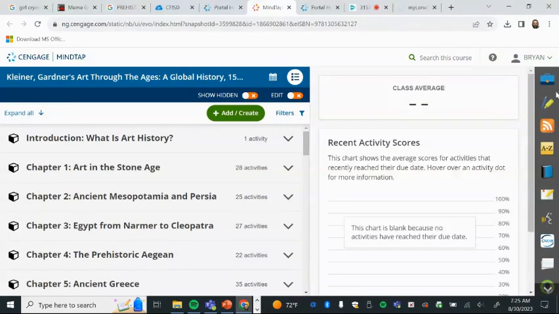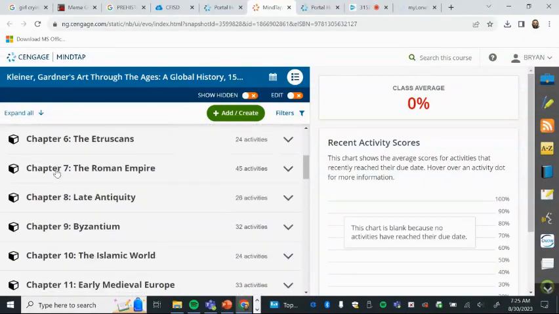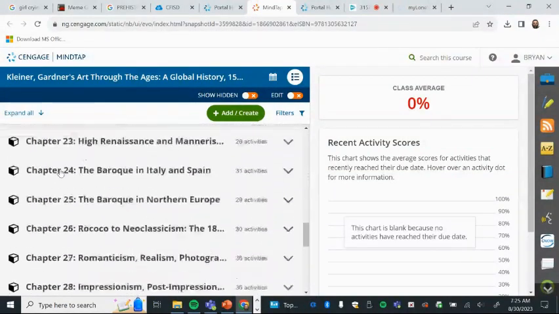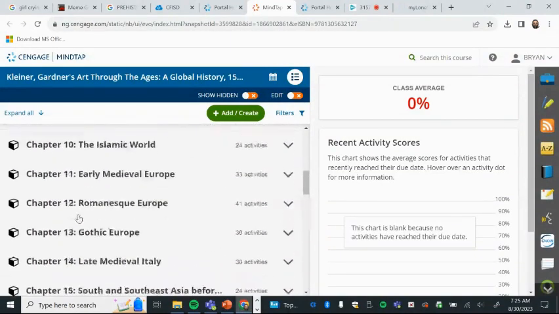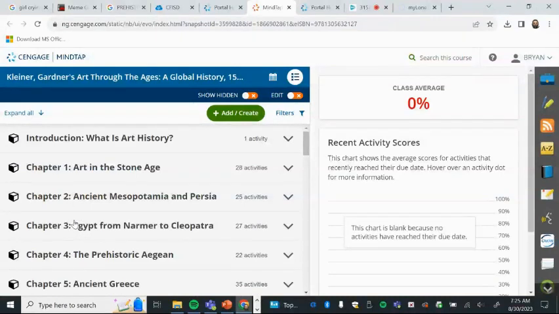Okay, everybody, this is what your textbook is going to look like. There are the different chapters right here on the left, and they go all the way to chapter 37. We'll be doing that in May, right before the end of the second semester. And we're going to start here in just a few more minutes with chapter one, Art Through the Stone Age.